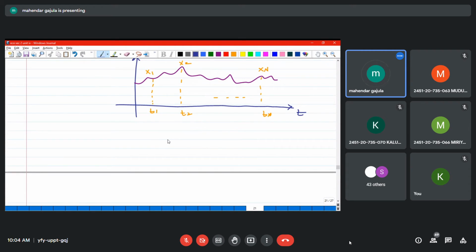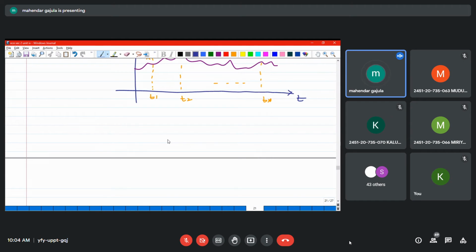So if all random variables x1, x2 up to xn, let me write this way.